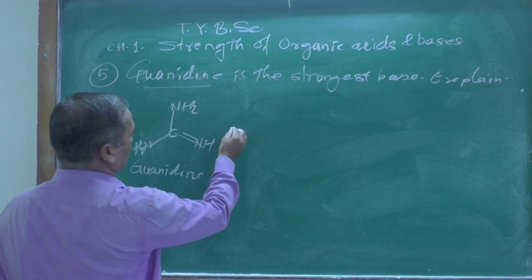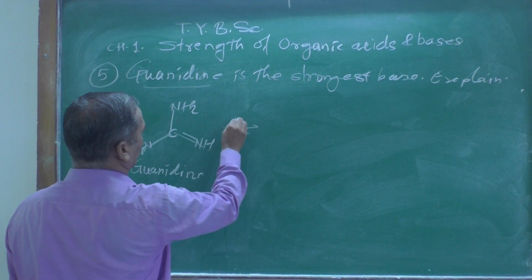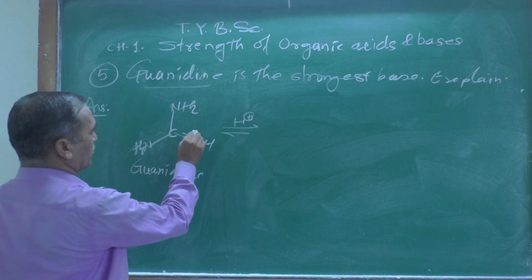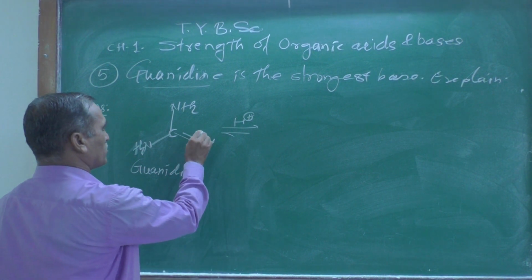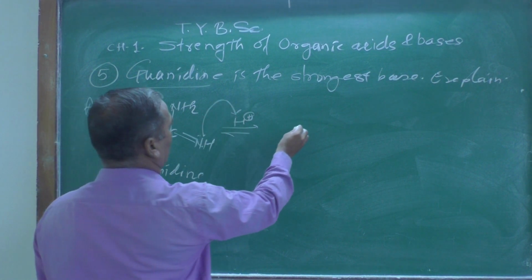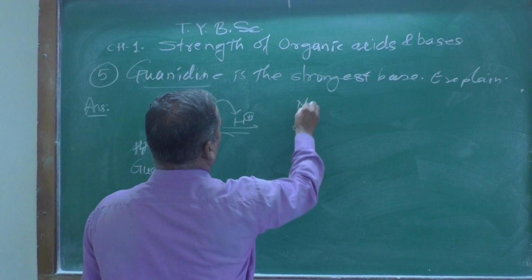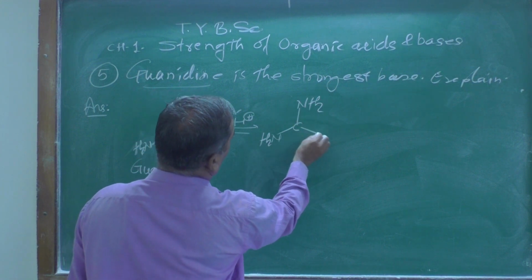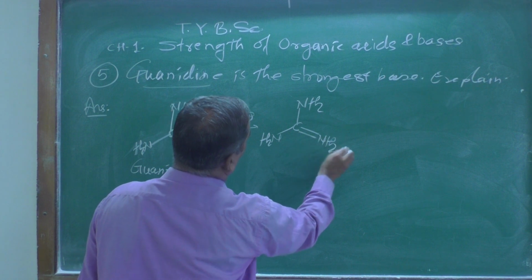And now, in the first step, what is happening? H plus, guanidine is basic in nature. Now the lone pair which is present on the nitrogen atom will pick up the proton from here, and you are going to get here NH2, then H2N, double bond NH2.